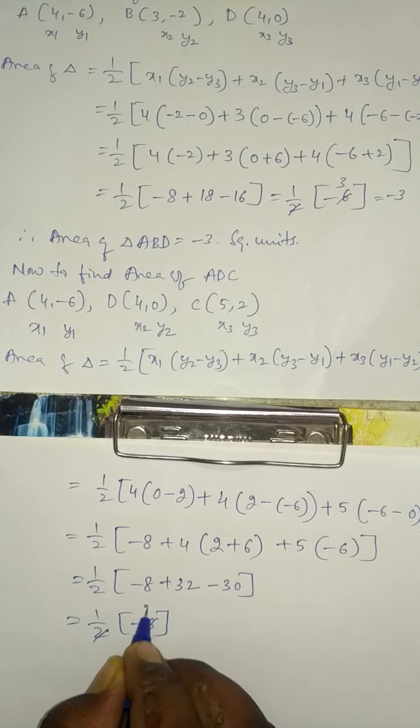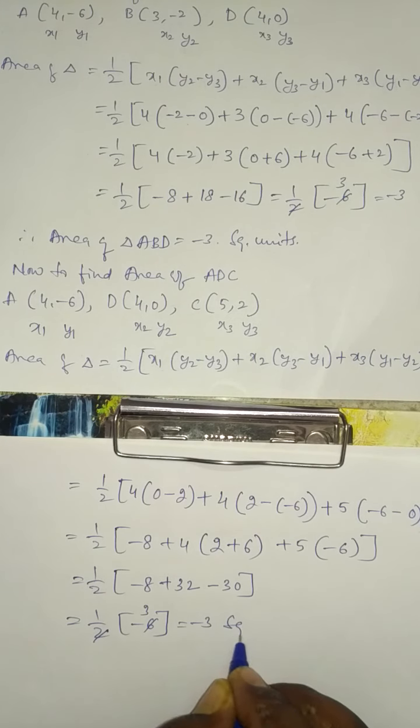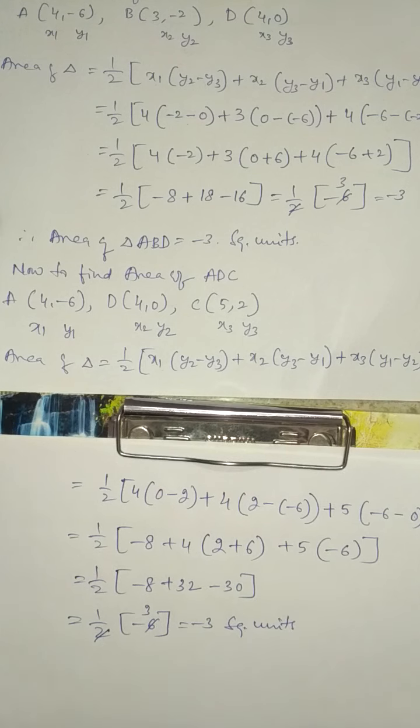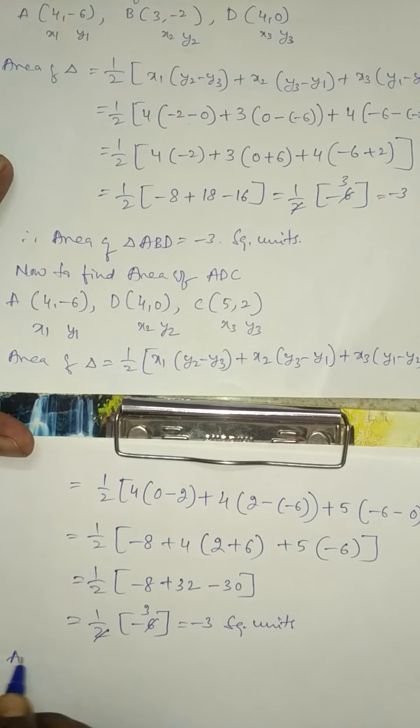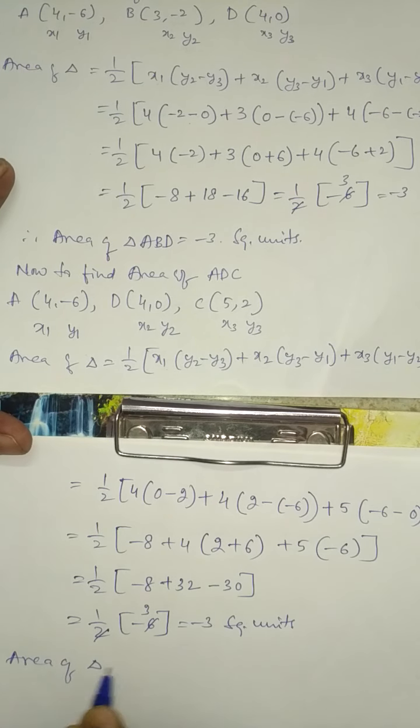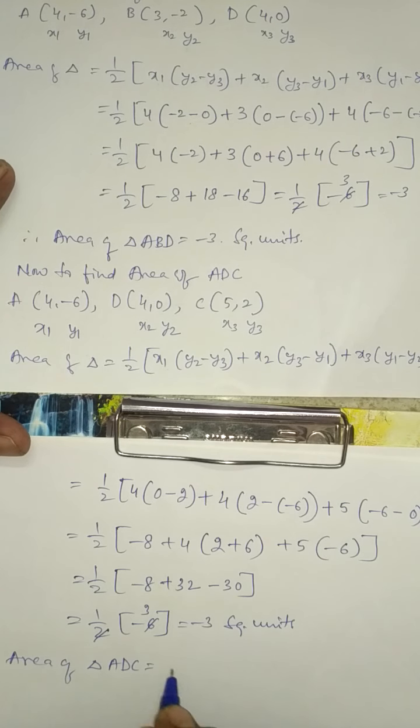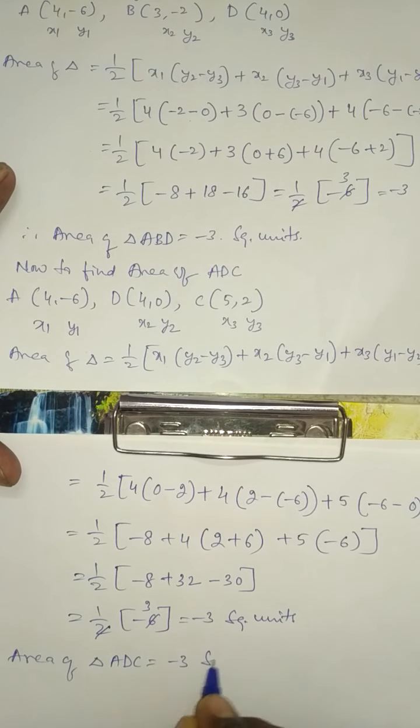Then 2 ones are 2, 2 3s are 6. So this is minus 3 square units. So what you write: the area of triangle ADC is equal to minus 3 square units.